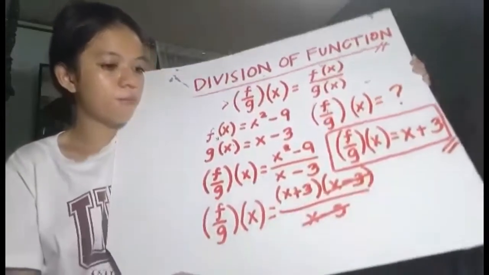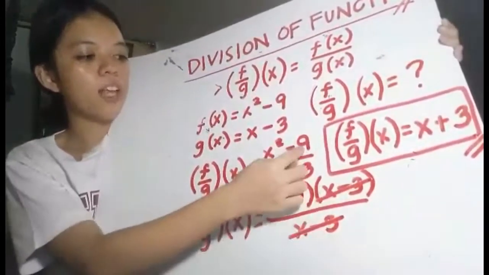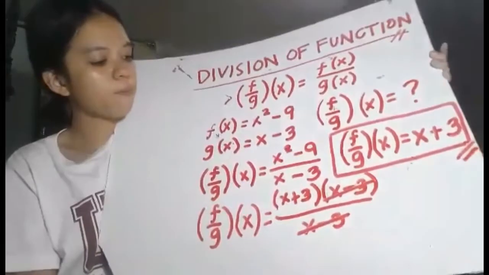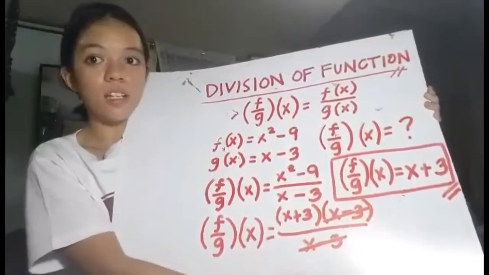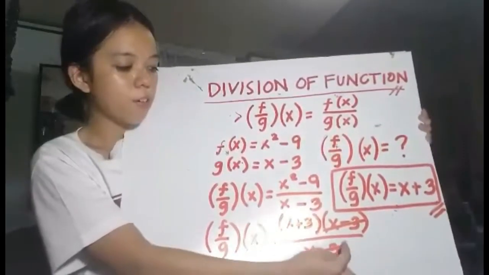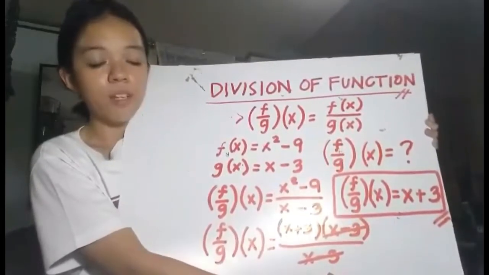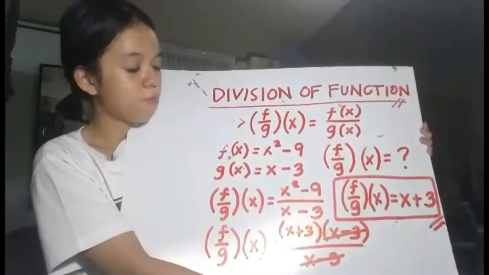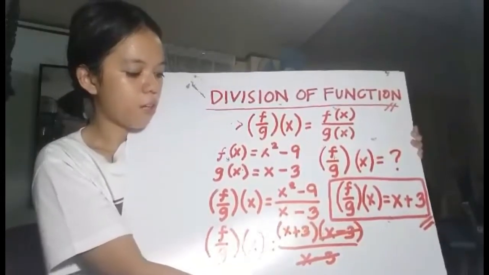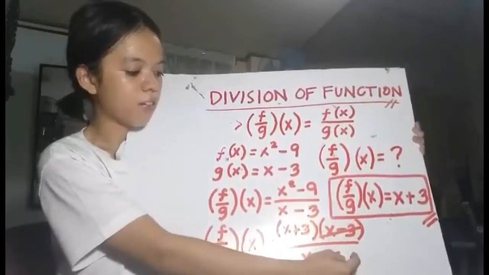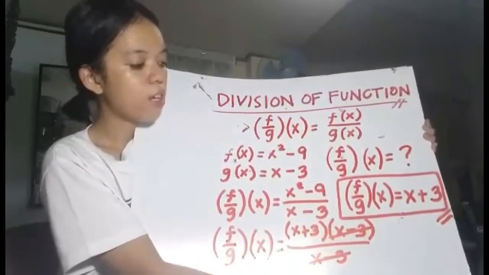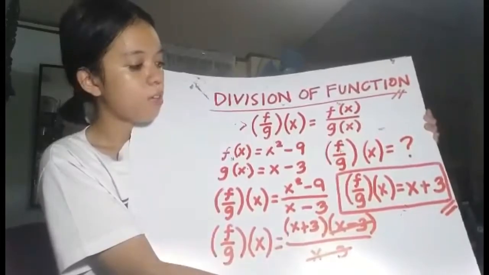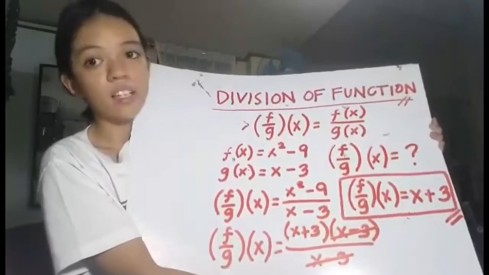And then we copy 3 because 9 is a perfect square. And then copy the x minus 3, the denominator, and then simply cross out the same binomial. So we cancel out, and we have the quantity of f divided by g of x equals x plus 3.